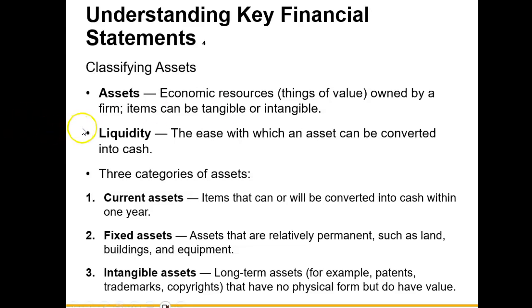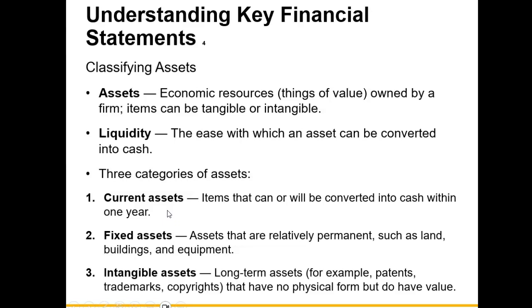Liquidity focuses on how quickly or easily an asset can be converted into cash. So on the actual balance sheet, we list our assets in order of liquidity. We first list our current assets. These are items that are either in the form of cash already or can be converted into cash in a relatively short period of time.